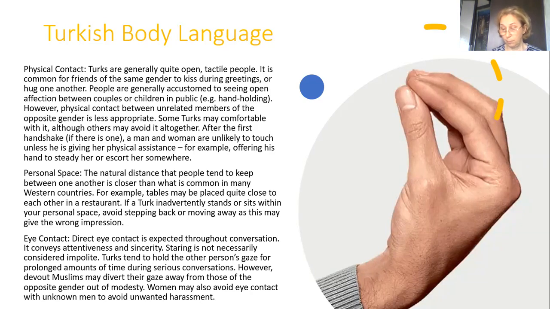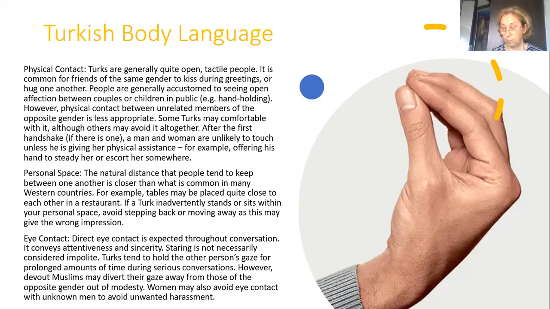Some Turks may be comfortable with it, although others may avoid it altogether. After the first handshake, a man and woman are unlikely to touch unless he is giving her physical assistance, for example, offering his hand to steady her or escort her somewhere.